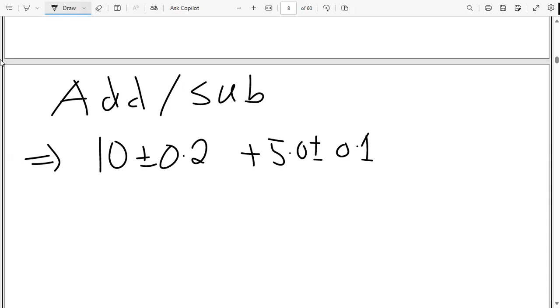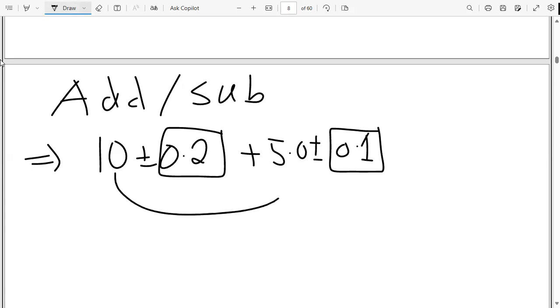When you are given such calculations, when you find the final answer you should also add the absolute uncertainties. So in this case, I'm going to say 10 plus 5, which gives me 15. Then with this 15, I'm also going to add the uncertainties.